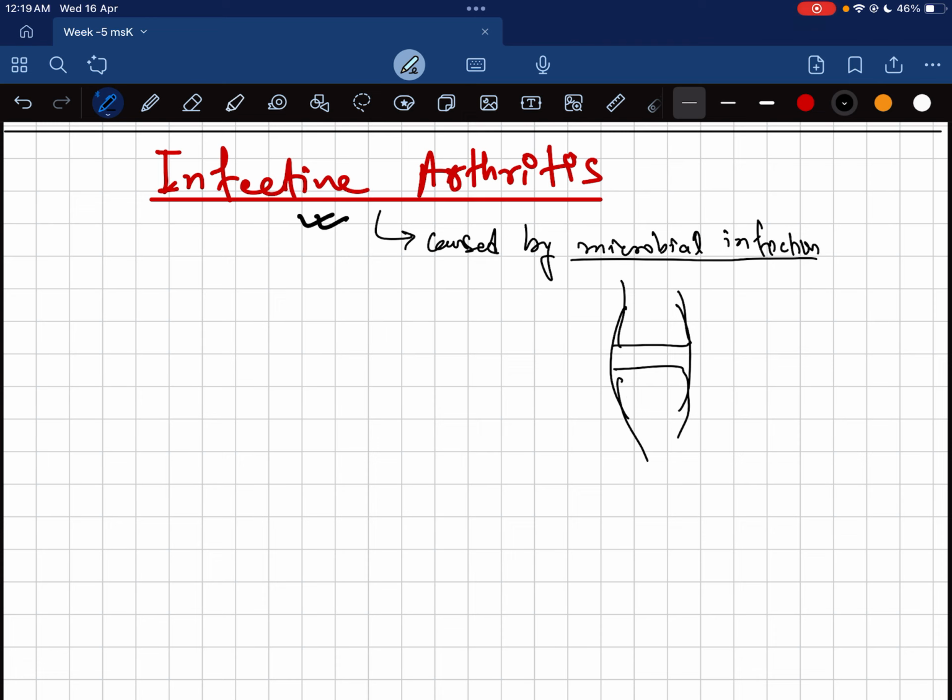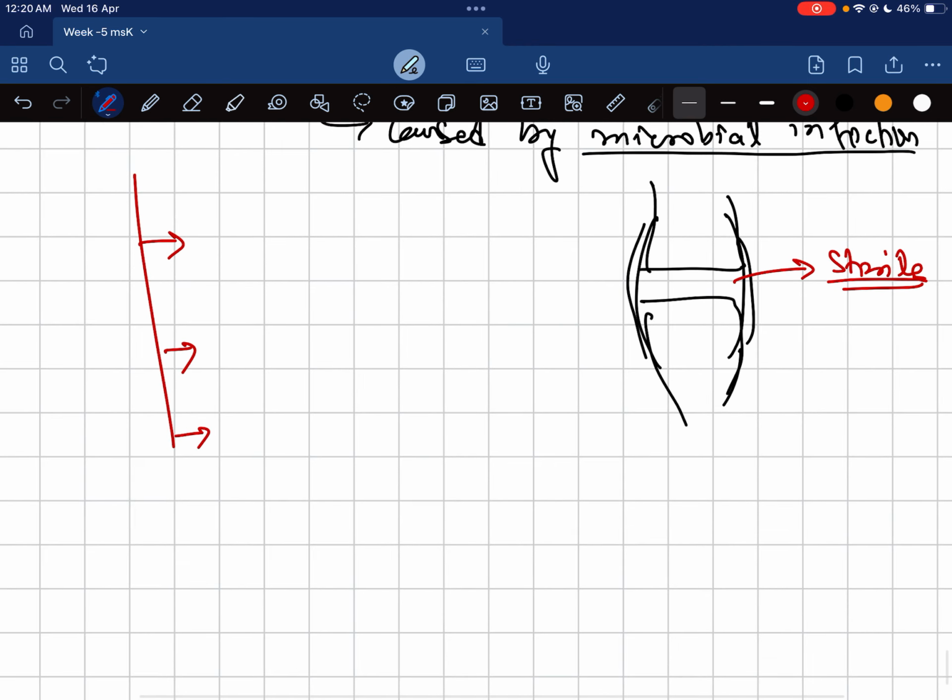When we look at the joint, here is a rough diagram of the joint, it is normally sterile and there is no organism. So from where does the joint become infected? When we look for the infection site, there is hematogenous spread of infection.